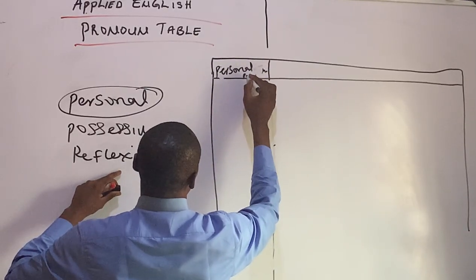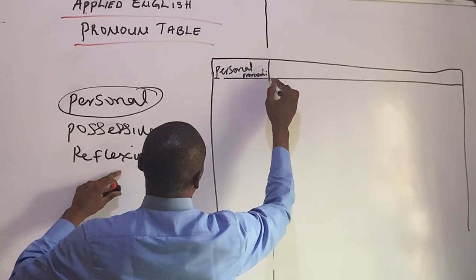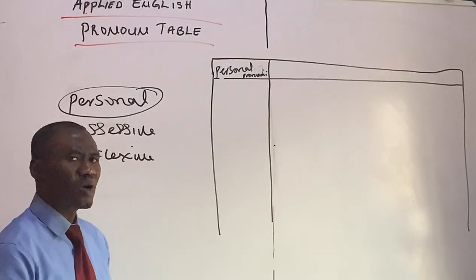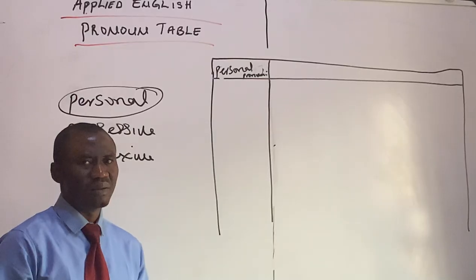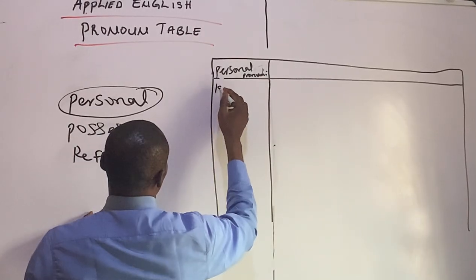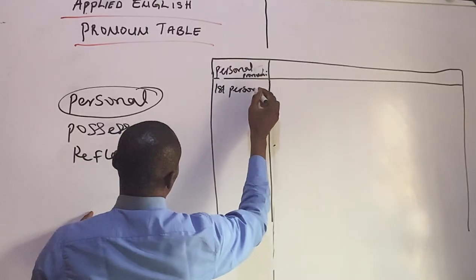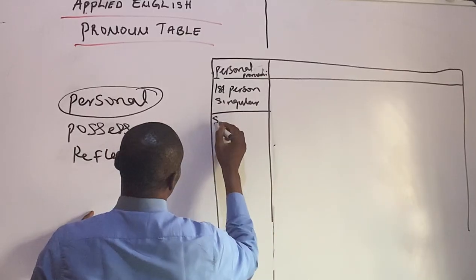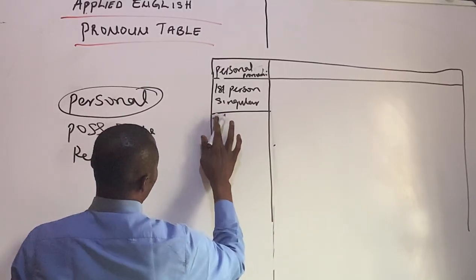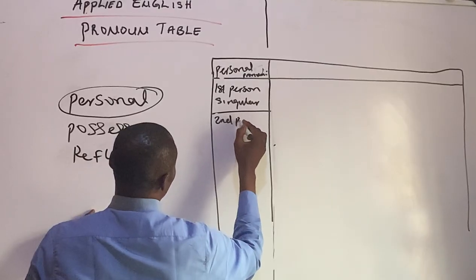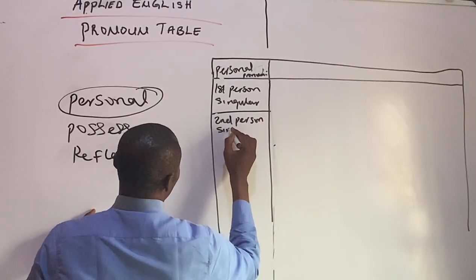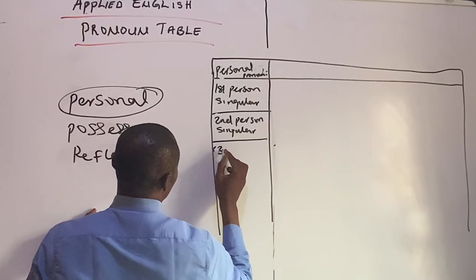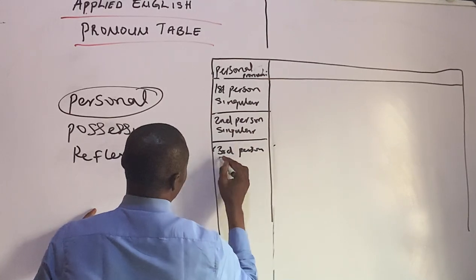For the personal pronoun, we have the first person singular, the second person singular, and the third person singular. So let's put it there.